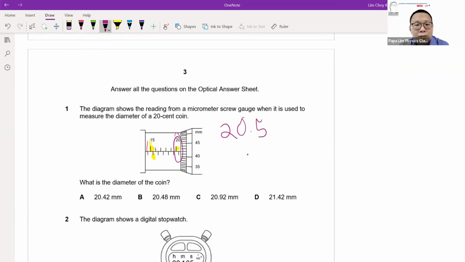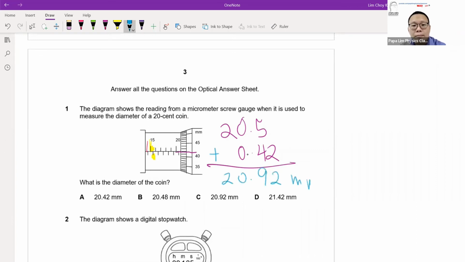Then the marking in the micro scale that is in line with the datum line, which is this line, is the number 42 line. So it will be 0.42. The final answer, if you add it up together, will be 20.92 mm, which is answer C.